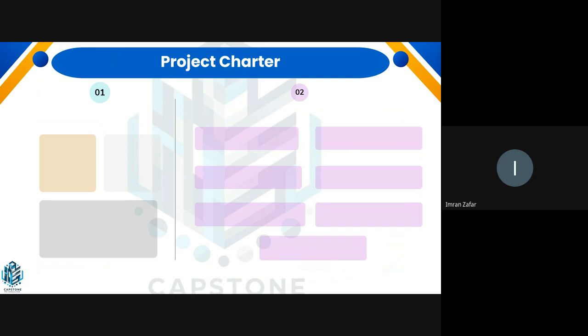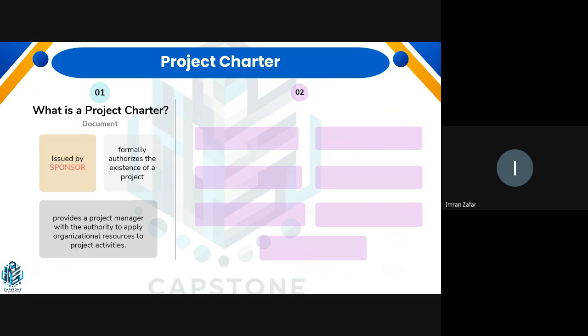This is again a document that is prepared by your sponsor or business analyst, and it officially authorizes the existence of any project. It tells all the stakeholders, okay, this project is now approved, and this is the person who is the project manager who is going to deliver that project.